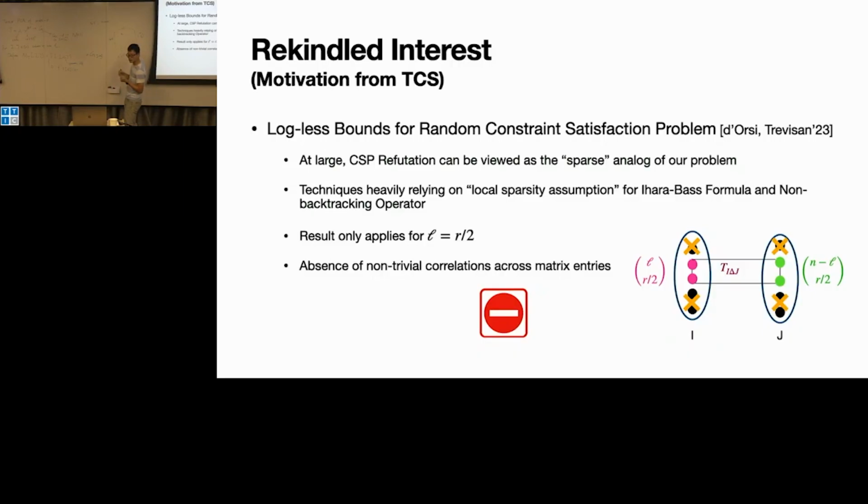For random CSP, you care about the sparse regime. Instead of looking at n to the 4 many constraints, you are only looking at n squared many constraints or even fewer in the interesting regime. So you can think of G as a sparse tensor instead.